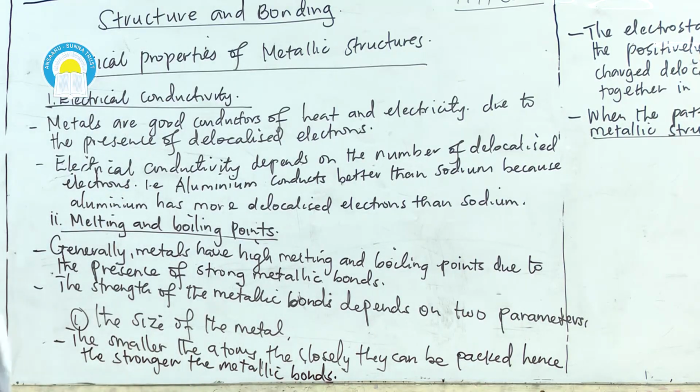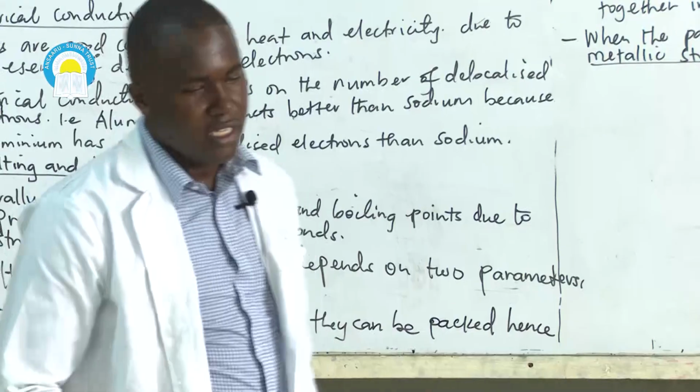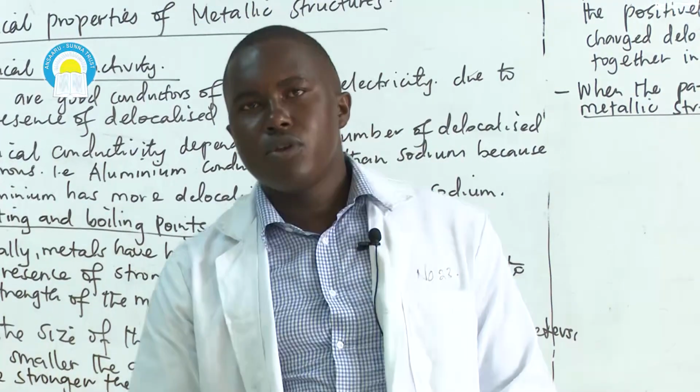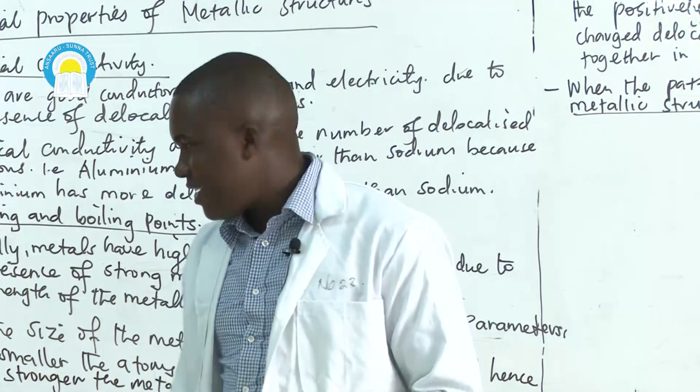So when the metallic bonds become stronger, the melting point and boiling point also become high.